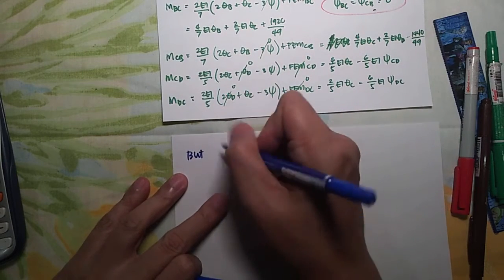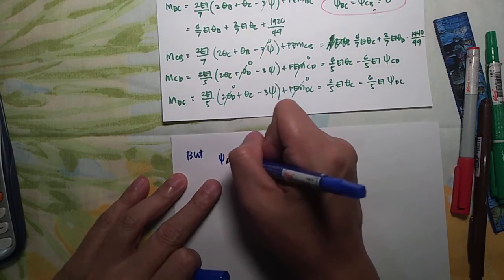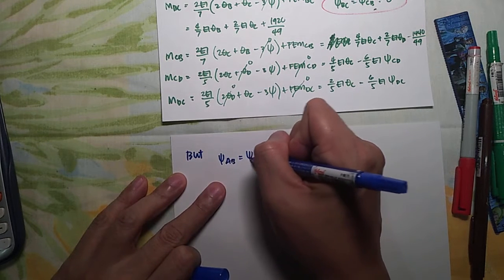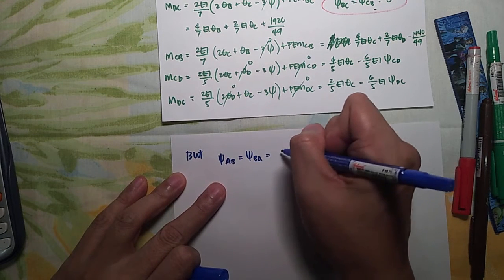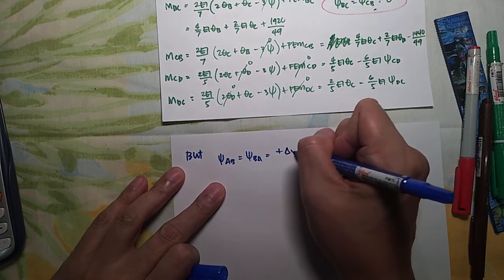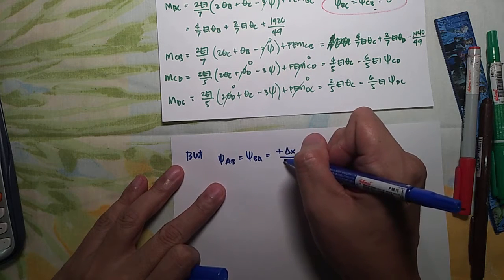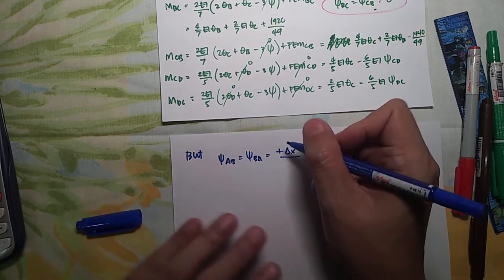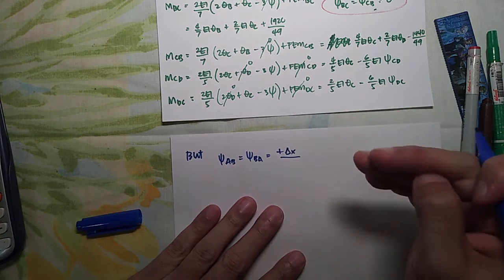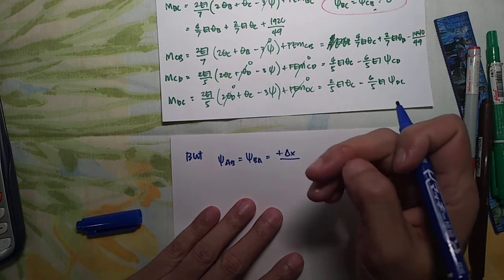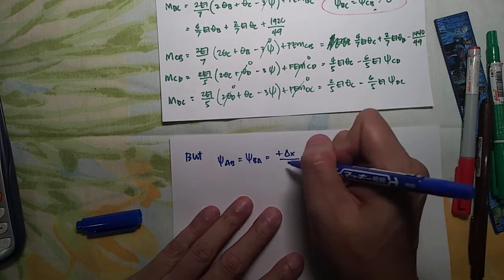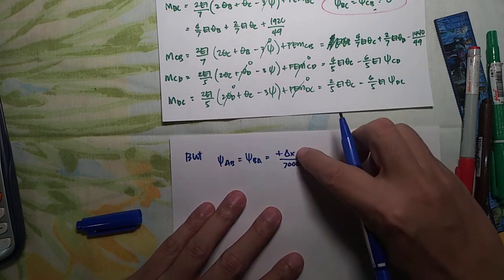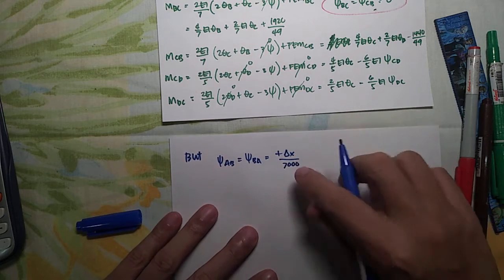But again, the psi for AB is equal to psi BA, and that is positive delta X over the length, which is 7,000, assuming that delta is expressed also in millimeters.